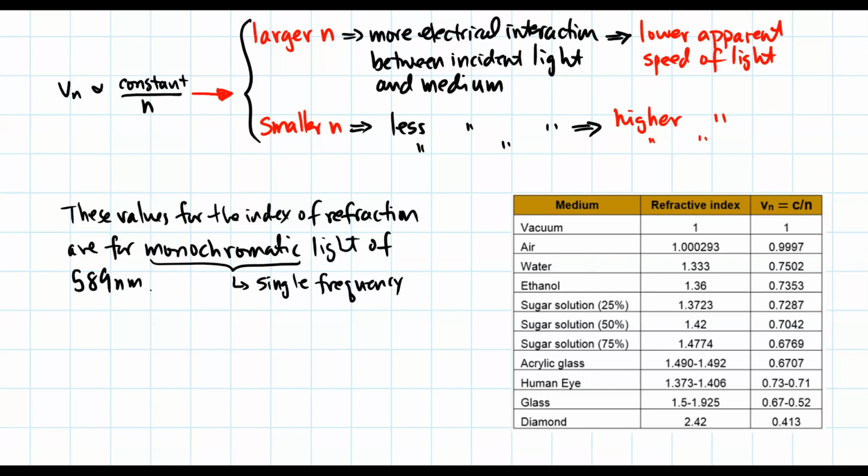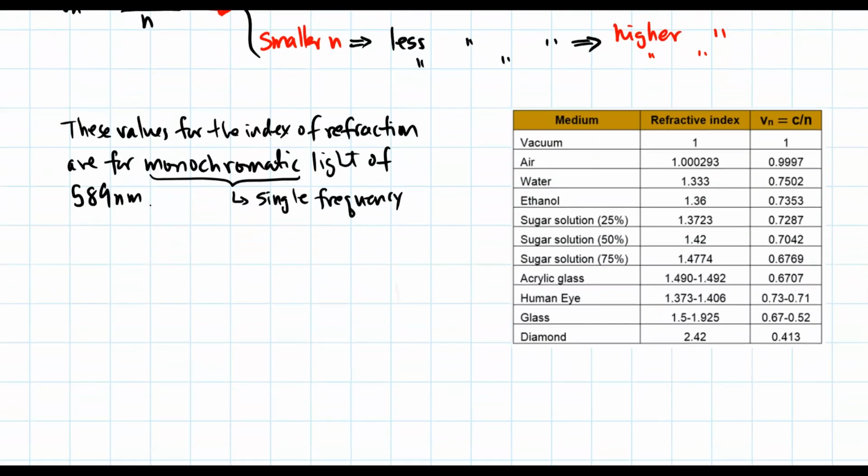So what this table shows is that as light goes from one medium into the next, the apparent speed of light slows down, and it's this slowing down process that causes the bending of the wave, as we talked about with the lawnmower example. So let's look at a couple of examples.